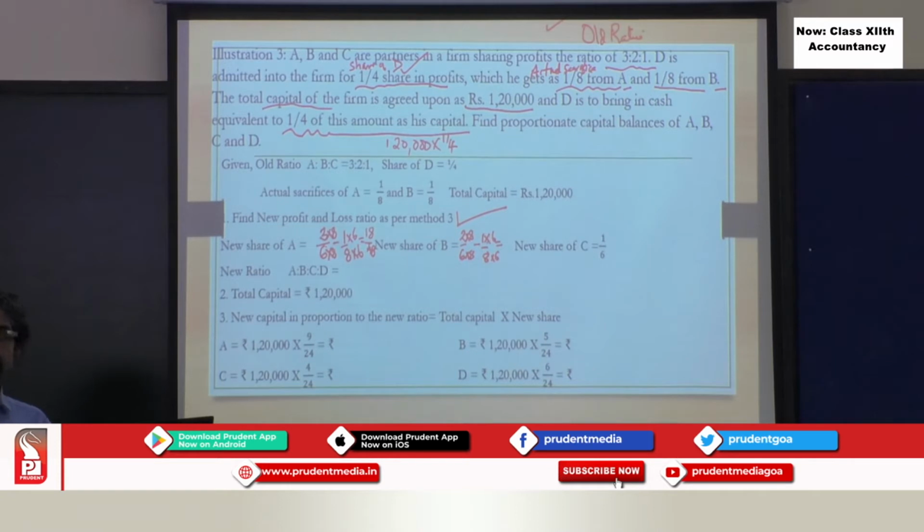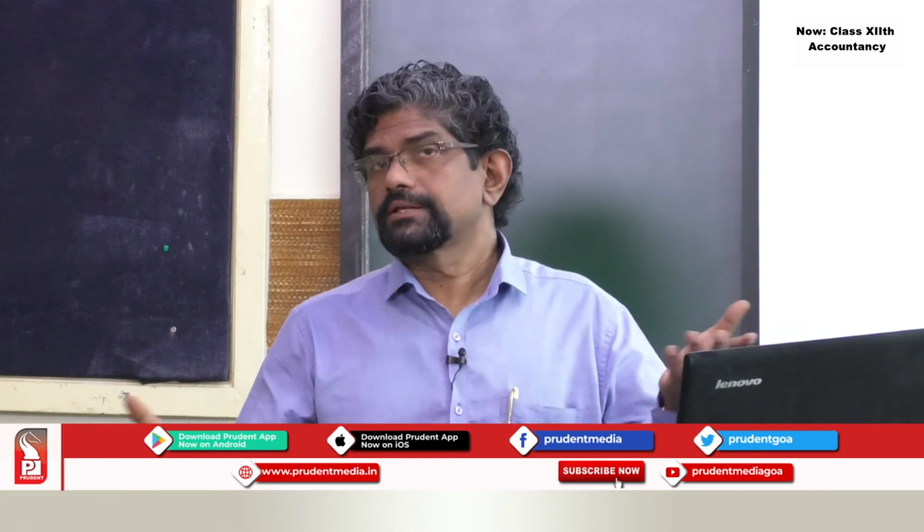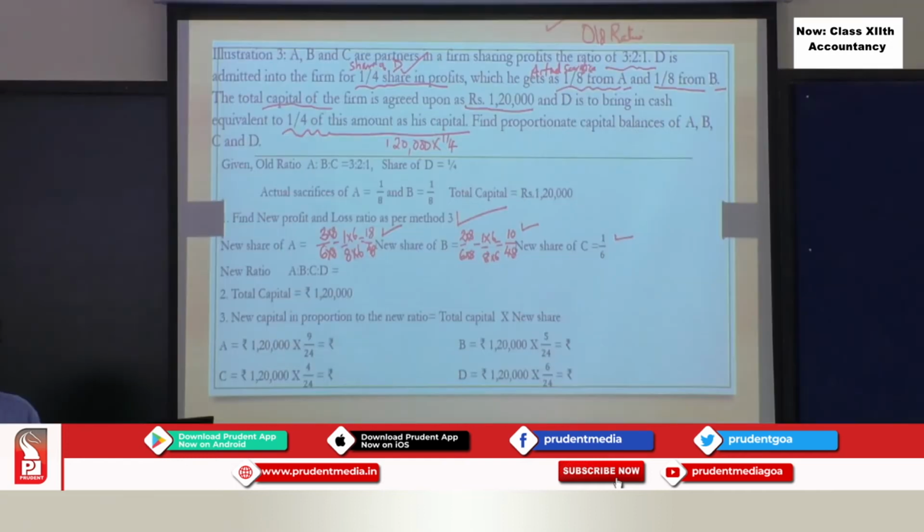So, 16 minus 6 will be 10 upon 48. Okay, so we have found the new share of partner A, new share of partner B, and the new share of partner C will be the same. Why is it the same? Because he is not sacrificing anything. The share of D is given to us. Share of D is given 1 upon 4, that will remain the same.